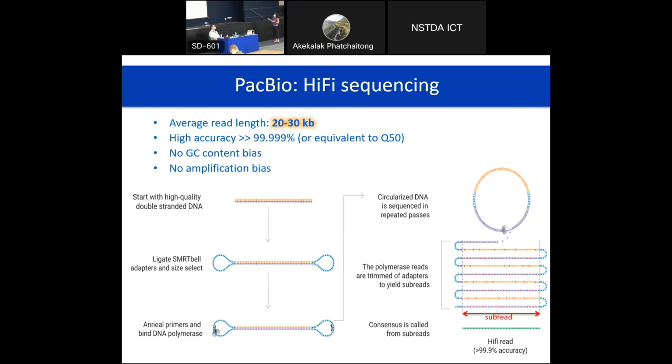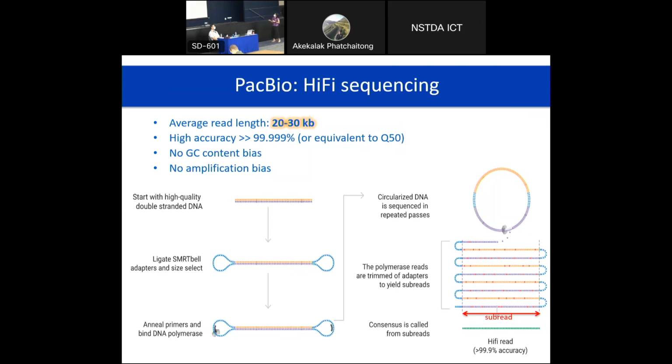This is called the high fidelity read. You can get a high fidelity read of about 20, 30 kb. If you're trying to do genome assembly, imagine how much better this is compared to the 500 base pairs you get from the short read sequencing platform.